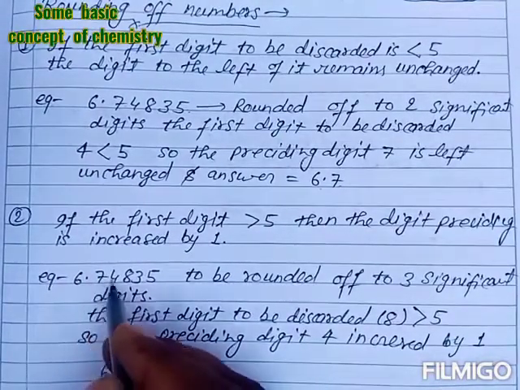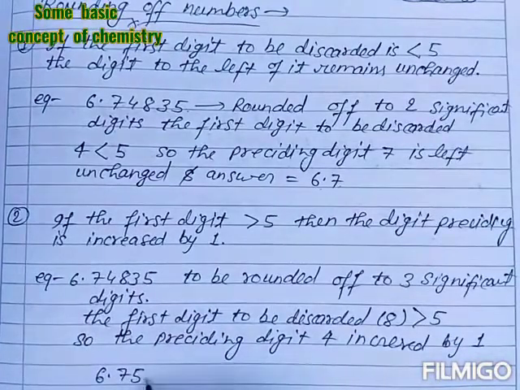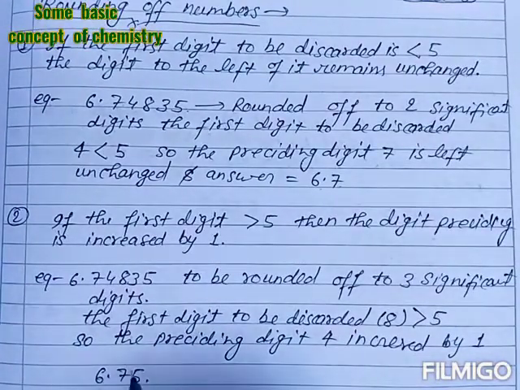So 6.75 will be the number after calculating.